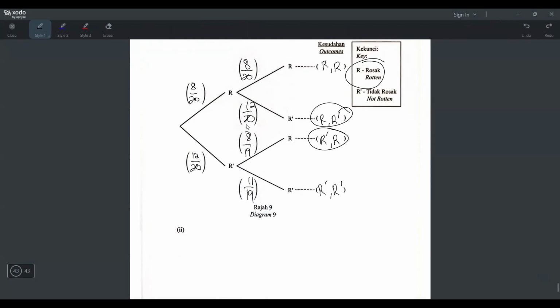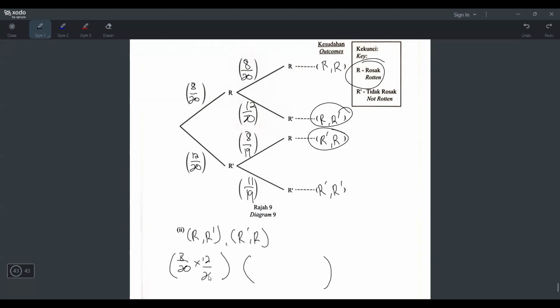So I have to take the probability of this and this, right? And the way is you have to multiply. I will write like this: find the probability of R, R prime, and then the other one is R prime, R. These are the two outcomes. So I will open two brackets. One bracket is to calculate the probability of R, R prime, which is 8 over 20 times 12 over 20.